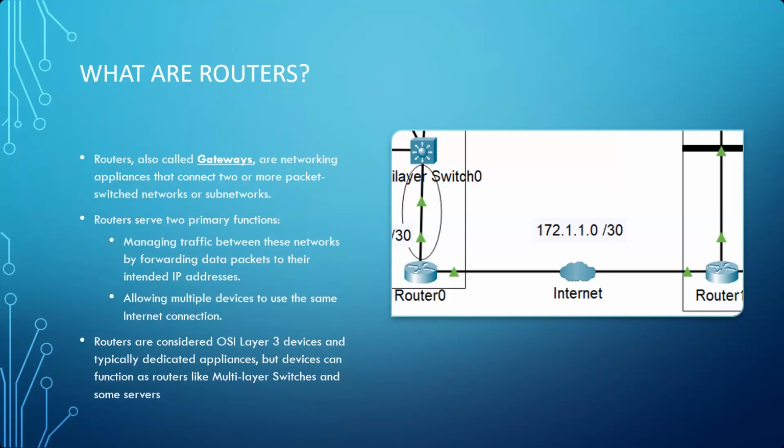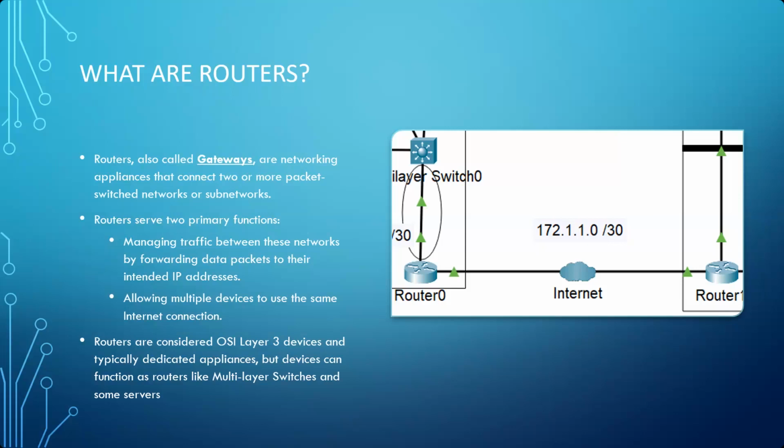Number one, they're going to manage your IP traffic between the networks by forwarding these packets based on the actual intended IP destination address. So every packet is going to have a source IP address and a destination IP address, very much like when you guys send a letter, an actual snail mail letter.